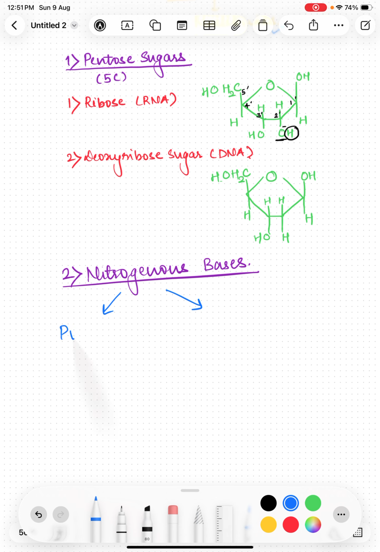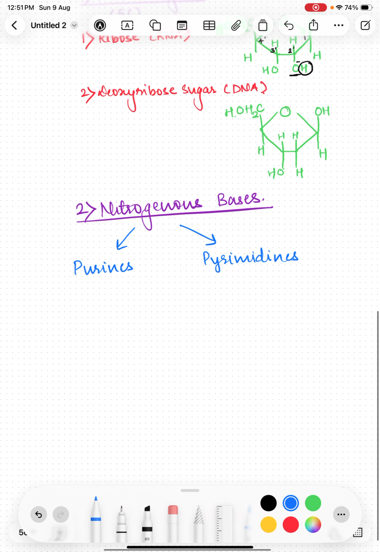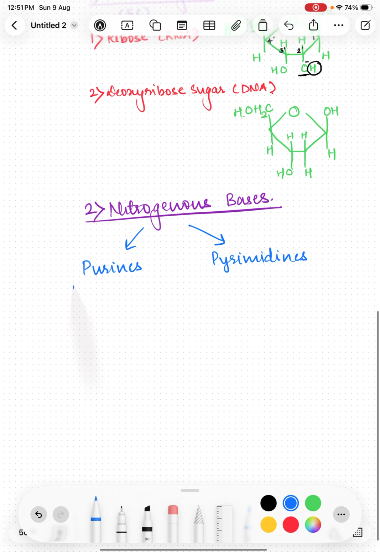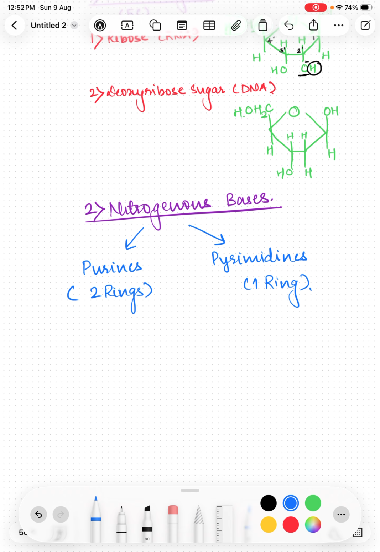There are purines and pyrimidines. Purines consist of 2 rings and pyrimidines consist of 1 ring. So in purine, 1 ring is of 6 carbon and second ring is of 5 carbon, and pyrimidines consist of only 6 carbon ring.